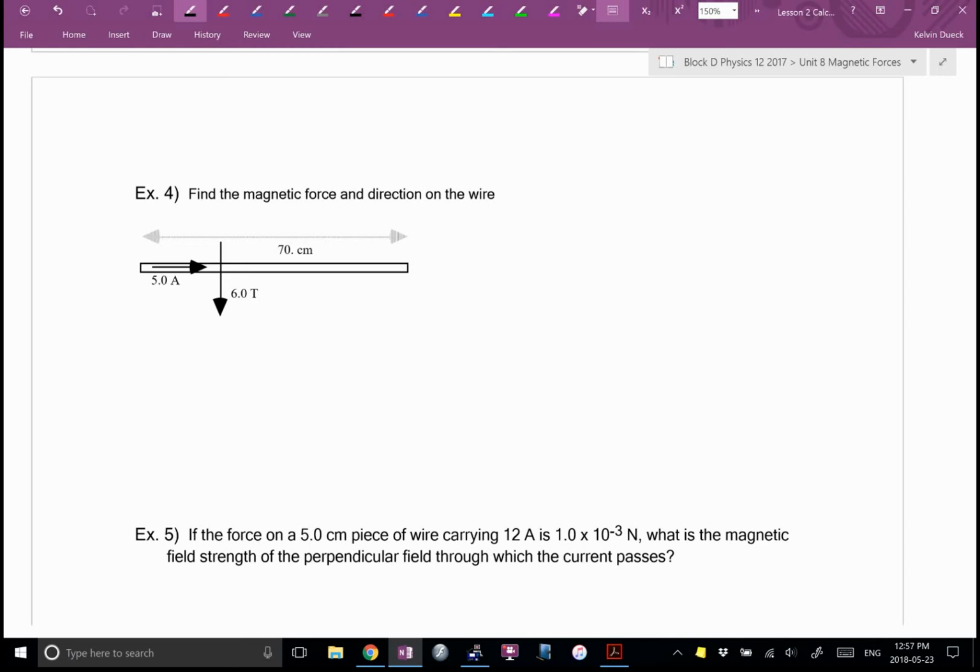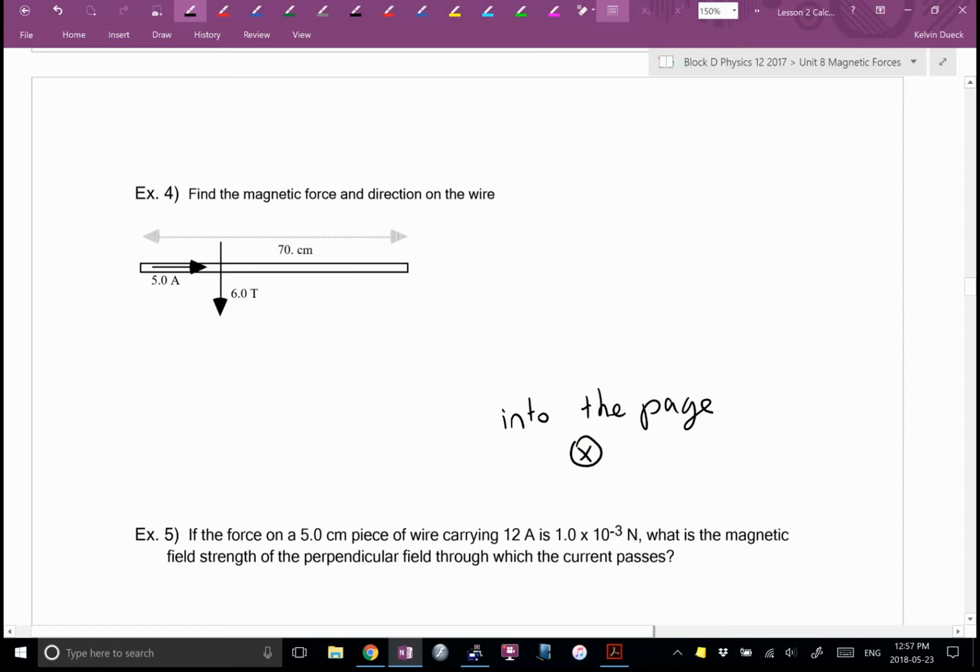You'll just have to translate that down the page became up the page temporarily. If you're bending weird, spin your paper. What direction am I getting? The direction is going to be into the page, or if I was really lazy, I could write it like that.